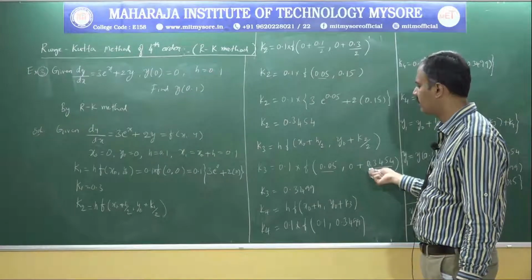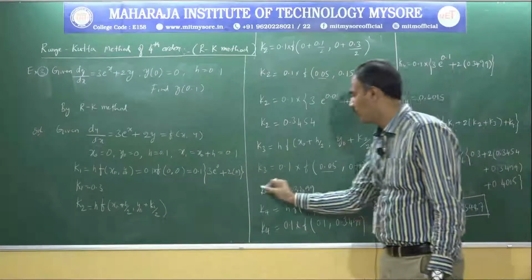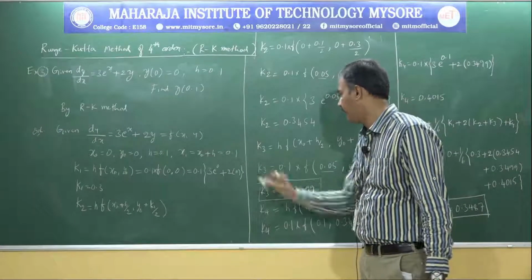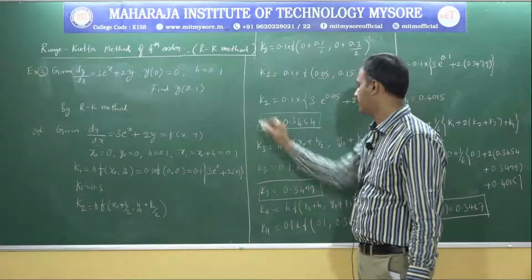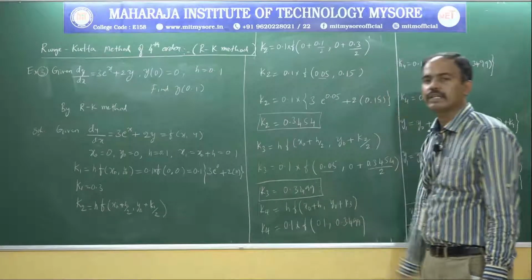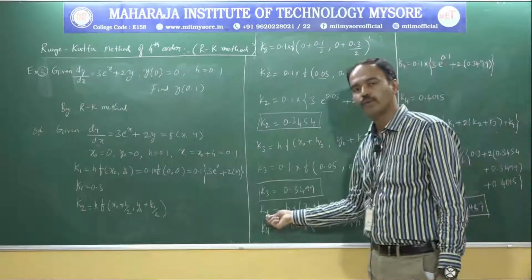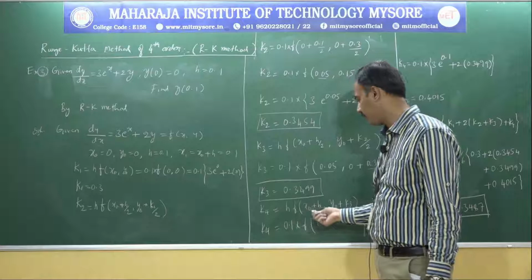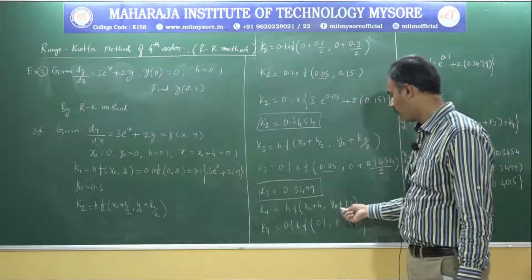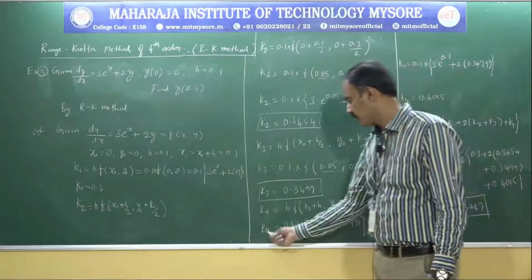After the simplification, substitute in the function. After simplifying, we get k3 as 0.3499.